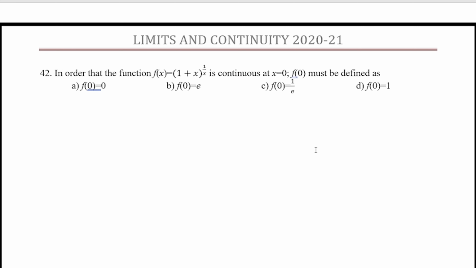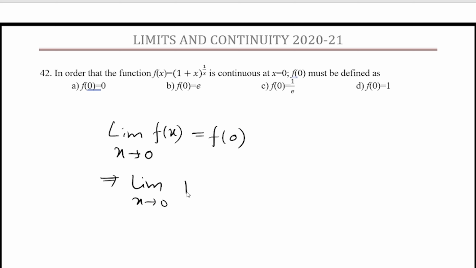Okay. Question number 42. In order that the function f of x equal to 1 plus x whole power 1 by x is continuous at x equal to 0, then f of 0 must be defined. So again, you know the definition of continuity, limit of f of x as x tends to 0 is equal to f of 0. That is, limit x tends to 0, f of x value 1 plus x to the power of 1 by x is equal to f of 0.